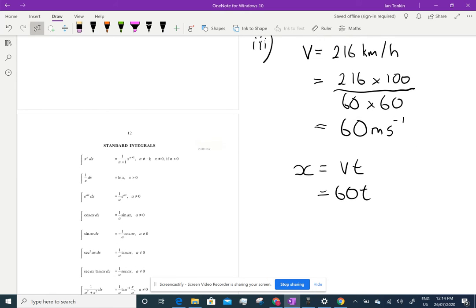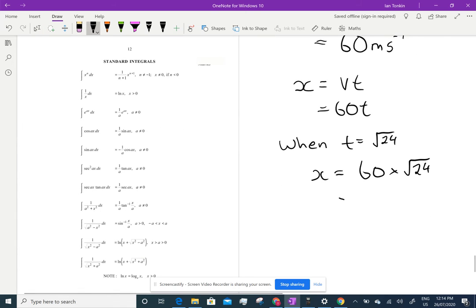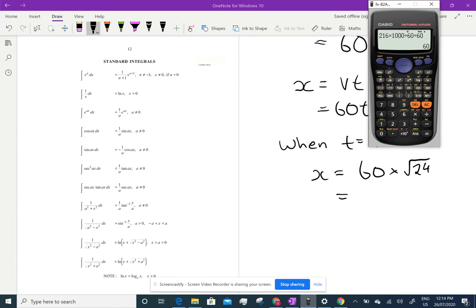So the horizontal distance, remember that's what x is, it's a horizontal displacement, when t equals root 24, and that's how I'm going to put it in my calculator, x equals 60 times root 24. I know it makes no difference, but I want to keep it nice and neat. So 60 times square root 24.